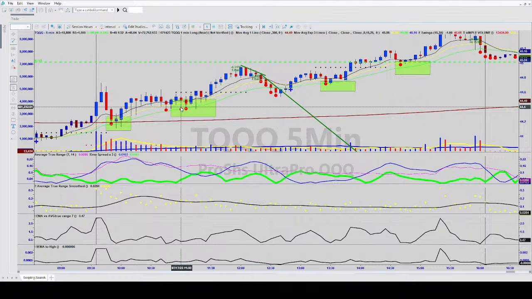The low from the open before. That's significant. That's not as much.